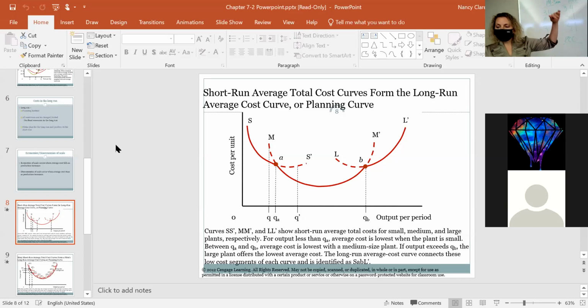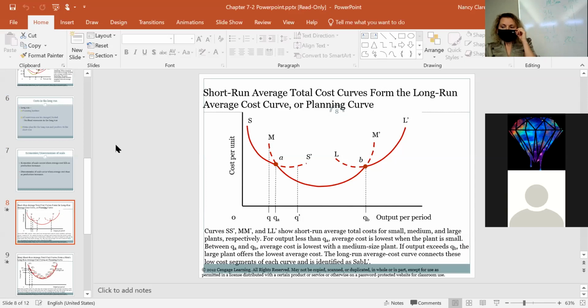So you have a small factory ATC, a medium factory ATC, and a large factory ATC. Basically, how much would it cost to produce 1 unit of your good in a small, medium, or large factory, depending on the quantity?